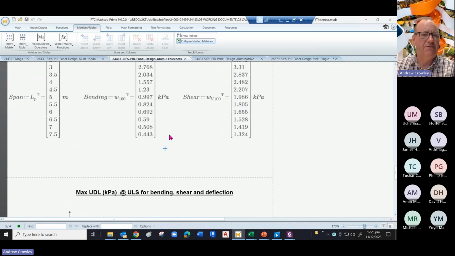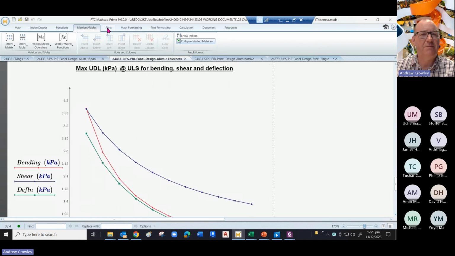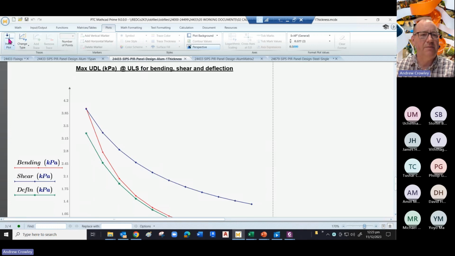So you've seen above, we've turned span into the transposition of LP, bending into the transposition of W under 100, and then again shear for WV 100. We then pop in a plot, and the plots are found on the plots menu, insert plot, and we put our traces in.